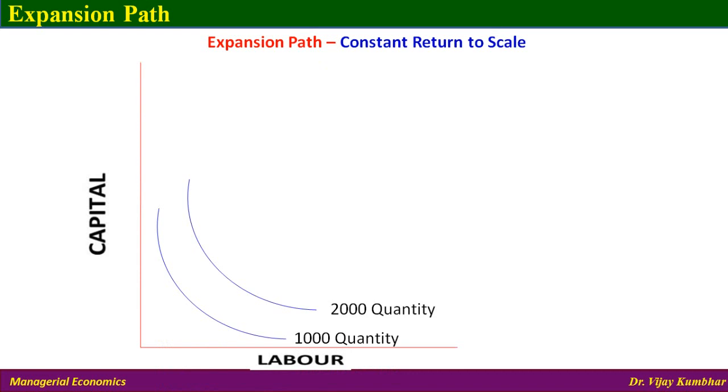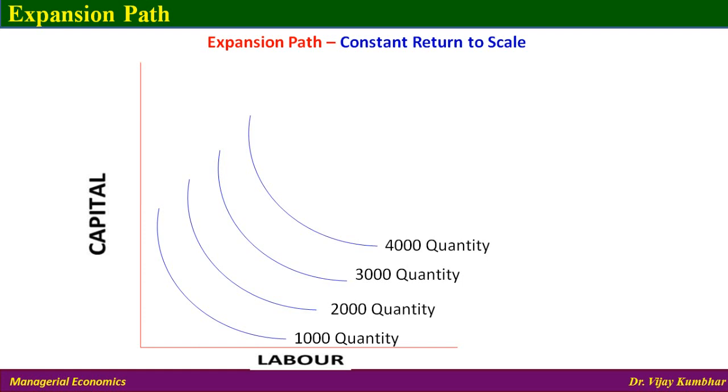If you want to increase the quantity of production from 1000 to 2000, you should move to this second isoquant. If you want to move further and produce 3000 quantity, you should go to the third isoquant. If you look, the difference between the quantities of production and the difference between these two isoquants is the same, because of constant return to scale.